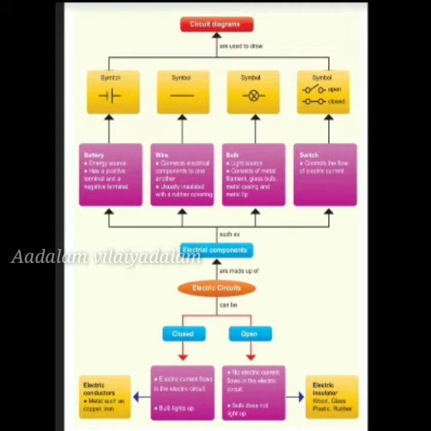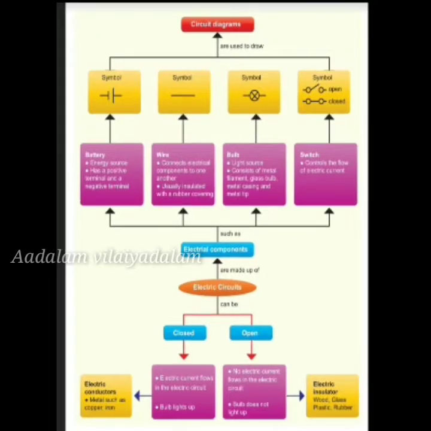The first shows you open, the second shows you closed. This controls the flow of the electric current. These are all the electrical components which are shown as symbols, how they are represented in an electric circuit diagram.